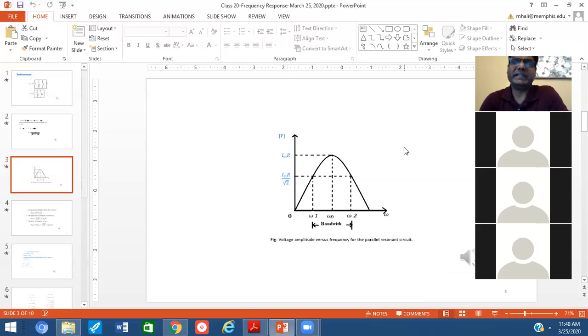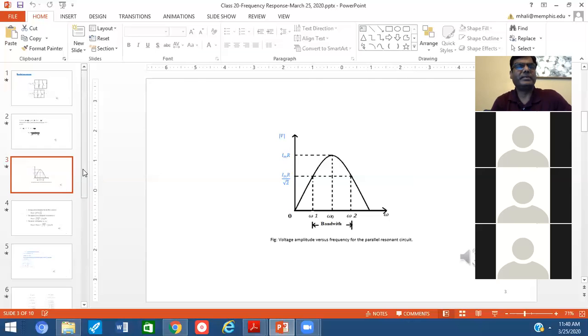By definition, half power frequency means where the value is 0.707 of the peak value, that means of Im multiplied by R. That's how you can see it is divided by root 2. So is everybody fine on this slide? Yeah, that's good. Okay, great.